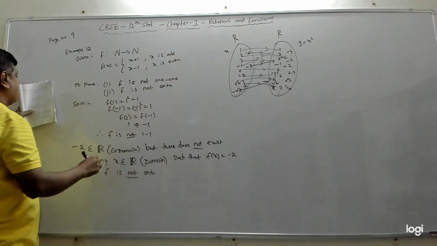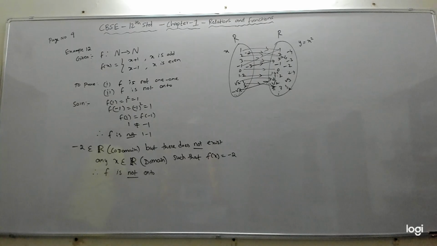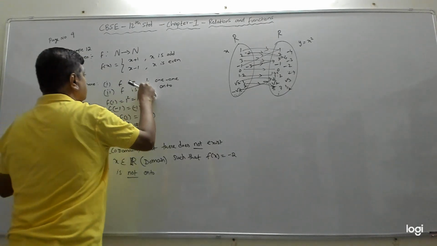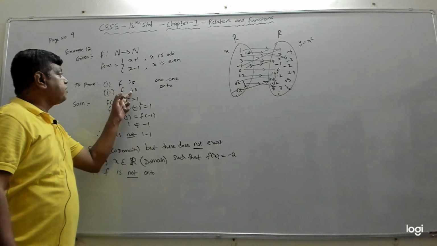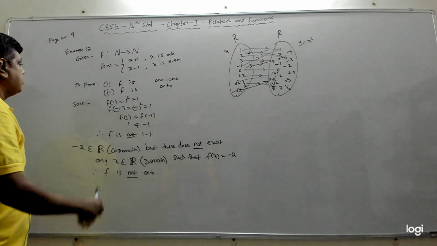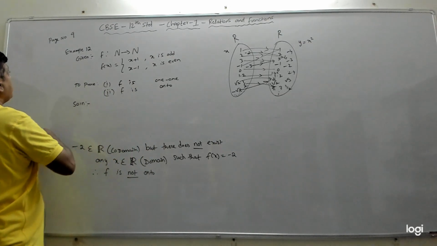What we have to prove is that it is both one-to-one and onto. We have to prove f is one-to-one, and also we should prove f is onto. It's an important problem.